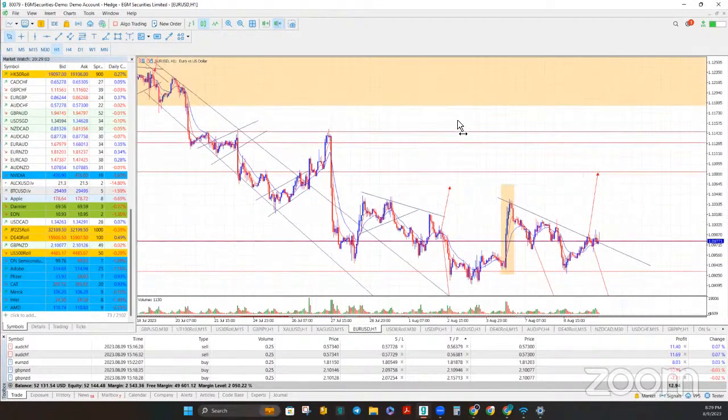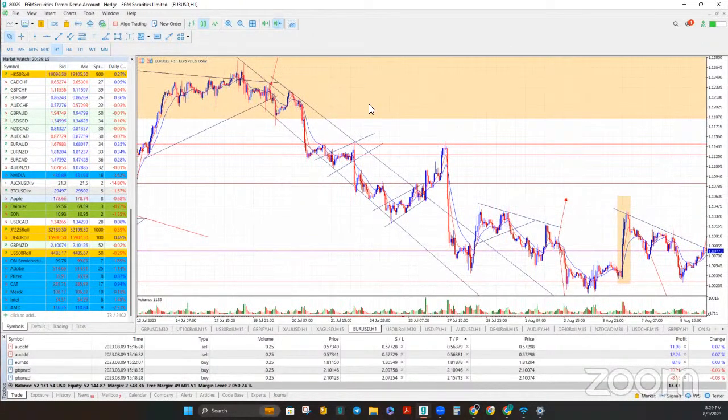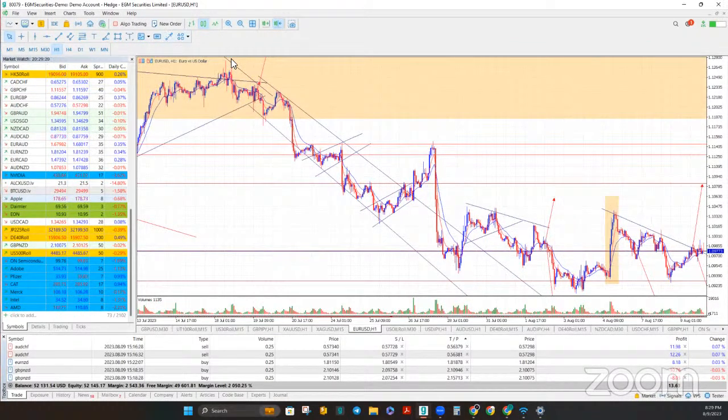So with trend, we're actually trading using price momentum to the downside, okay? So it can either be price momentum to the downside or price momentum to the upside. Now, usually how you trade a trend is you're looking to get in at the higher lows, okay? And in this case, we are trading it to the downside.